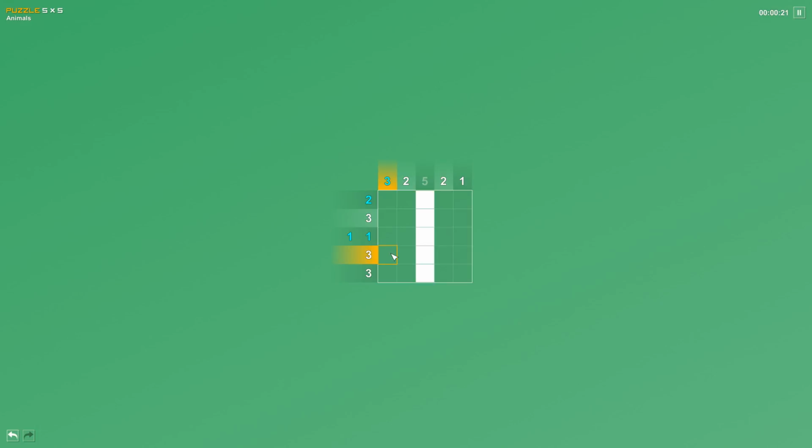It's kind of hard to complete a puzzle when there's not very many 5s and 0s. This is 5. Okay, so the 3 has to be in the middle. And this 3 has to be here too. 1, 1. So I'm guessing it's 1, 1, 3, maybe 3, and then 1.